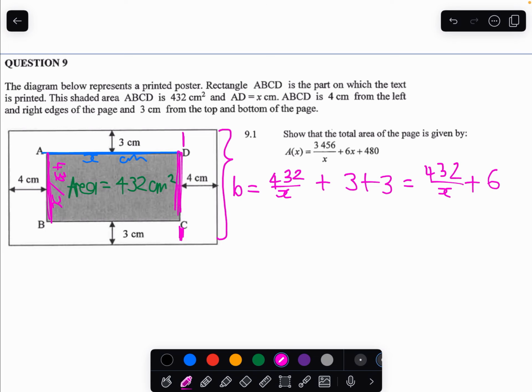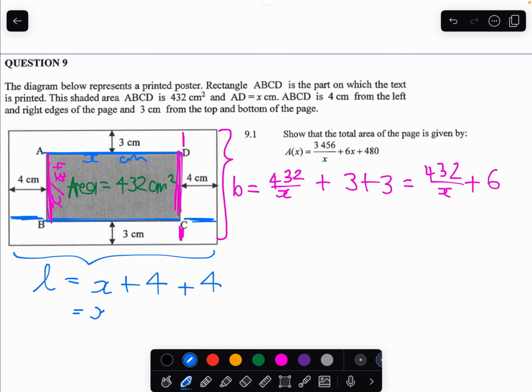And the length of the rectangle is going to be this bit, which is x, plus this bit, plus that bit, so that is x plus 8.